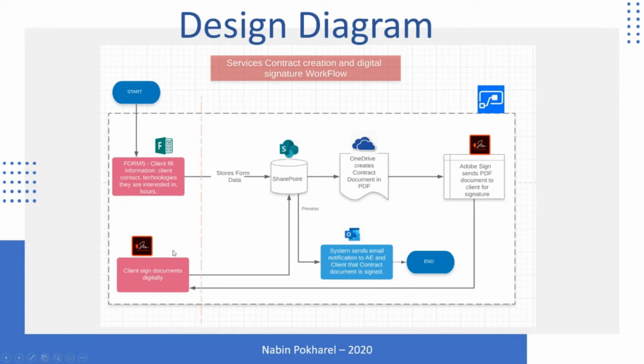And once it comes back into SharePoint, the owner of the document will be notified that the document has been signed or it has been denied, and the process ends here. If we see here, everything is inside this rectangular box, and Power Automate is outside.